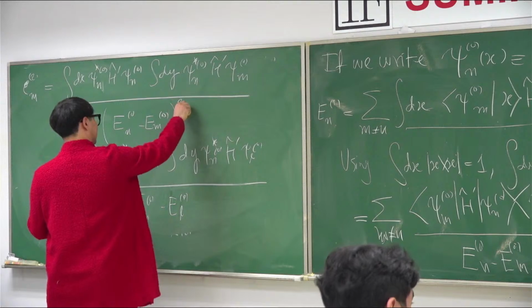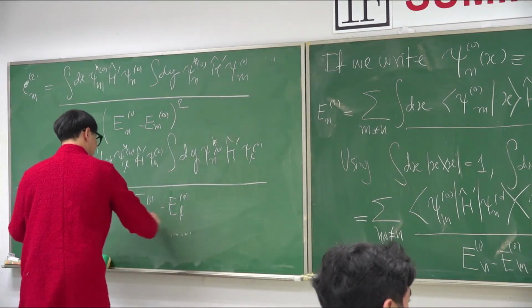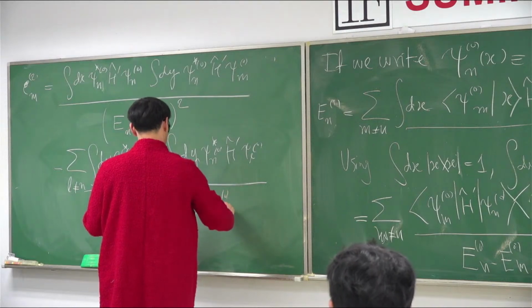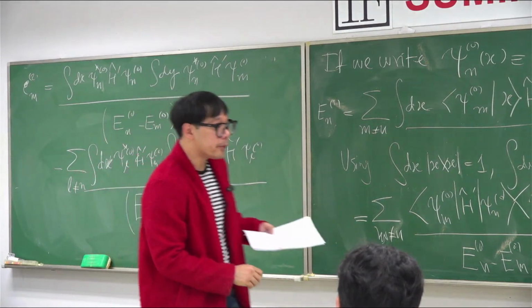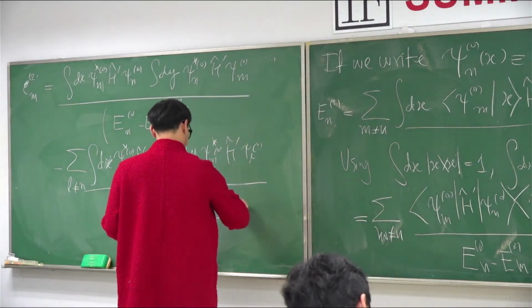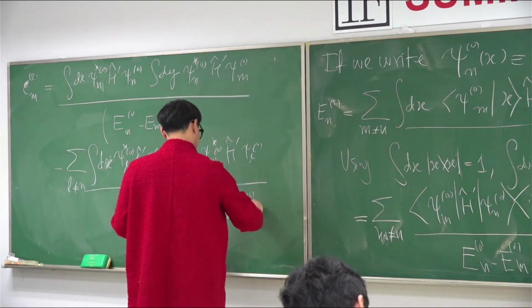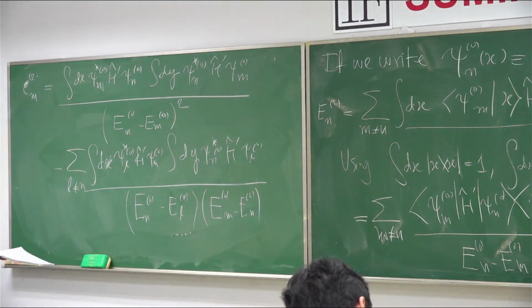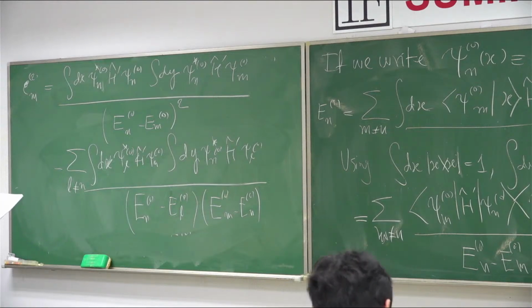I think it's going to be a square and this is going to be mn, right? Okay, I think this is kind of correct.